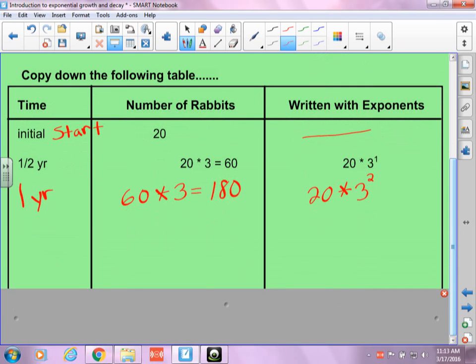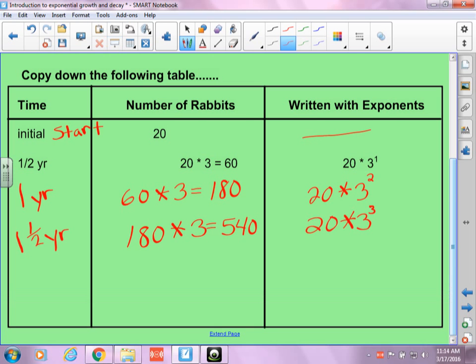All right, let's keep going. Now I'm going to do what? 1.5 years. So 180 times what? 3. Gives me 540. Wow. Or 20 times 3 to the third. Okay. Let's keep going.